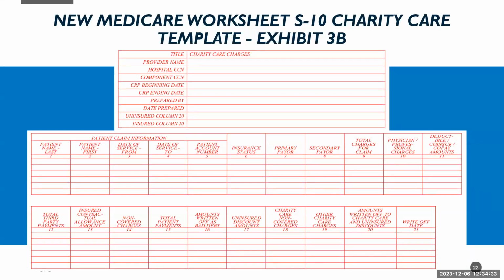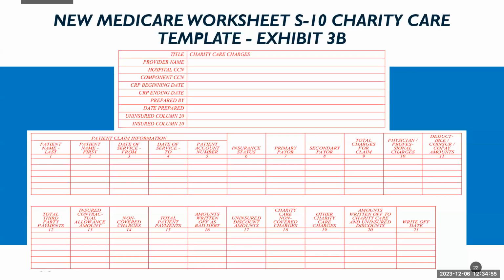Most of the additions, things we're doing differently, are on the charity side of things, not necessarily the bad debt expense. So I think a lot of the changes and the confusion will be on the charity piece rather than the bad debt expense. So we're going to dive in, similar to Becca, going through the columns and pointing out some of the changes and the differences.